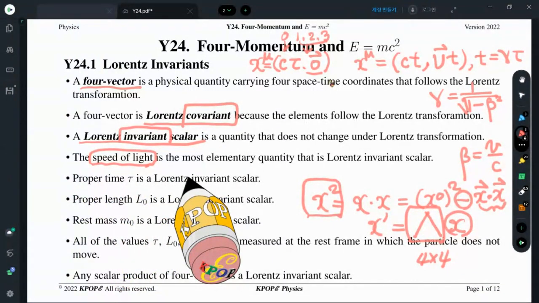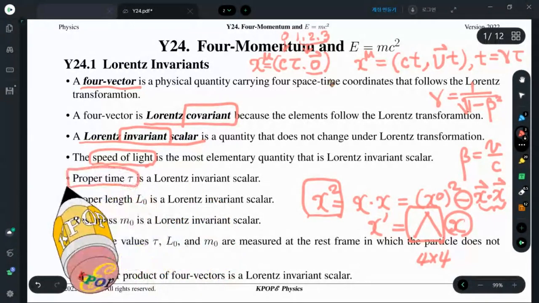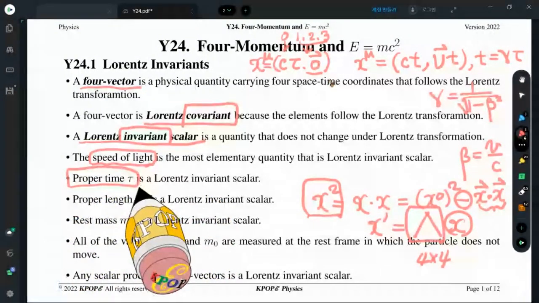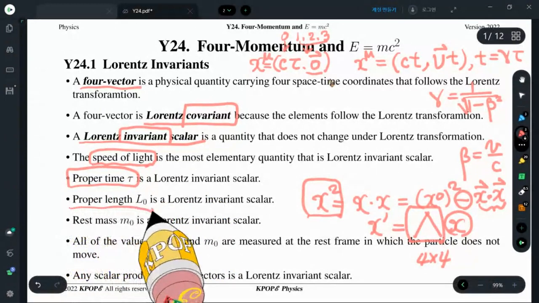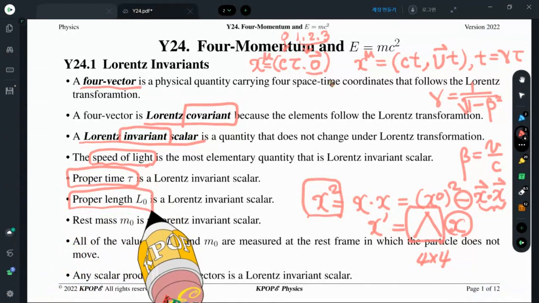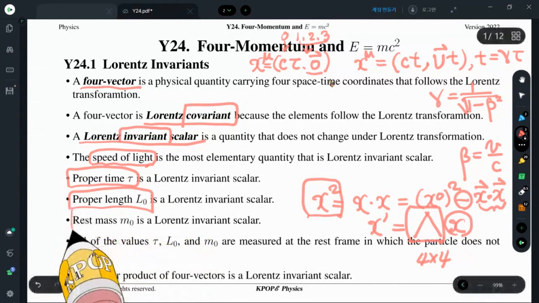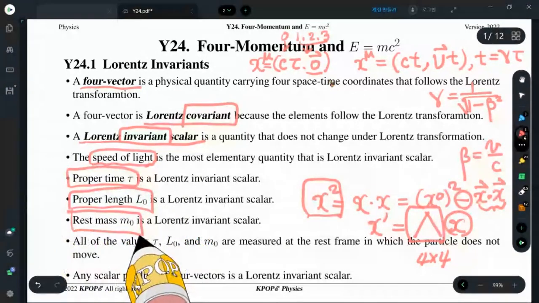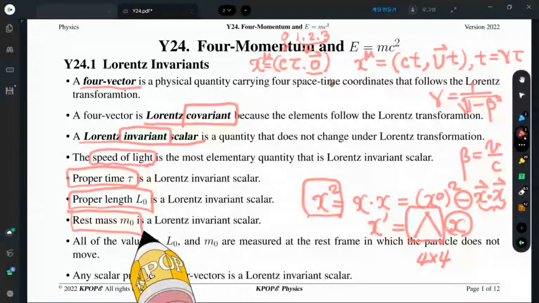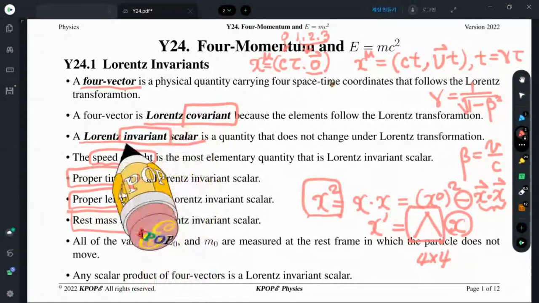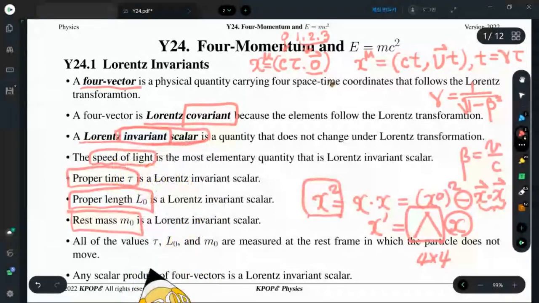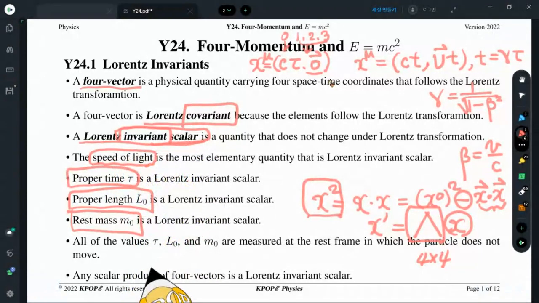In addition, invariant quantities are proper time, the time measured in the rest frame of the particle, proper length, length measured in the rest frame of an object, and rest mass, mass measured in the rest frame of an object. All of these are Lorentz scalars that do not transform at all.